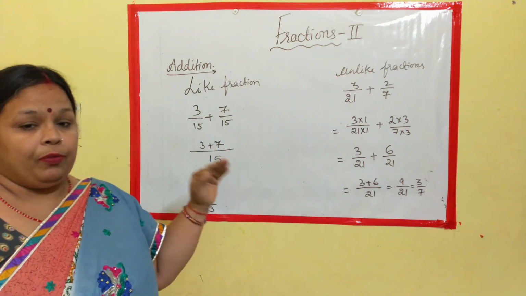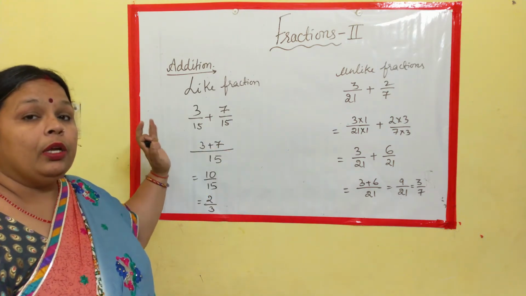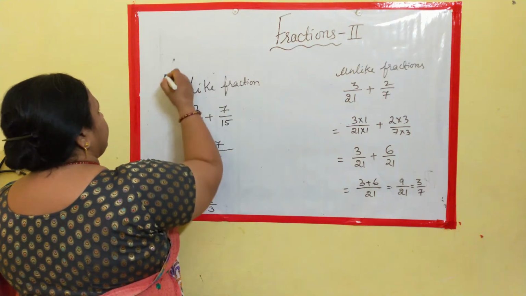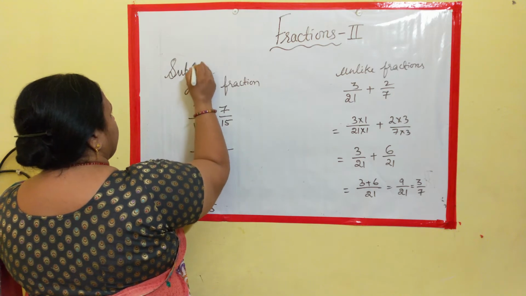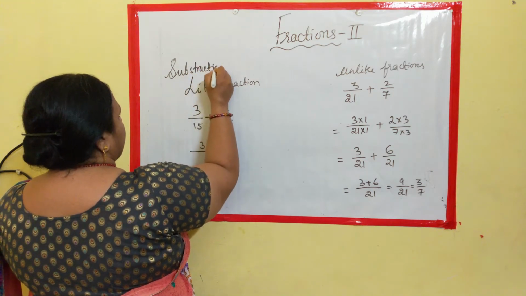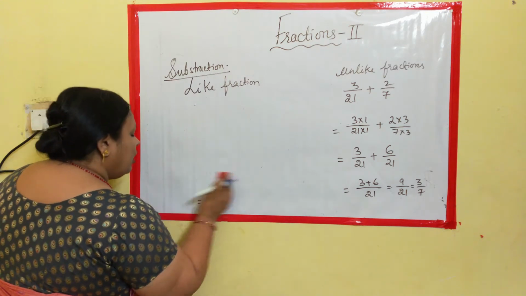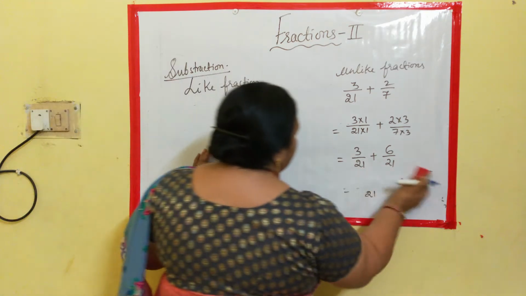Now moving a bit further, we will be doing the subtraction part. Again the same: subtraction of like fractions and subtraction of unlike fractions.